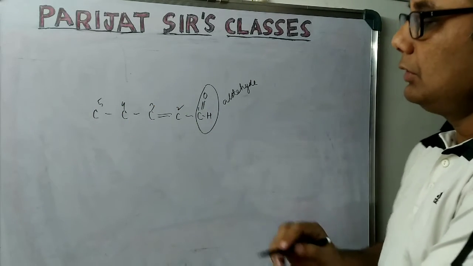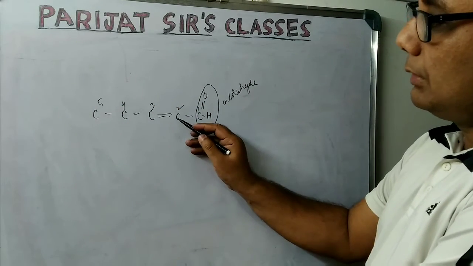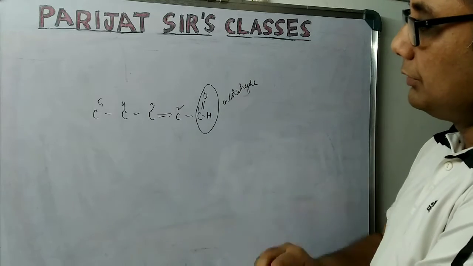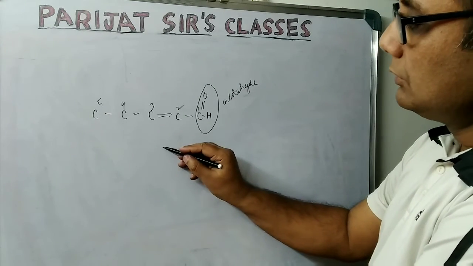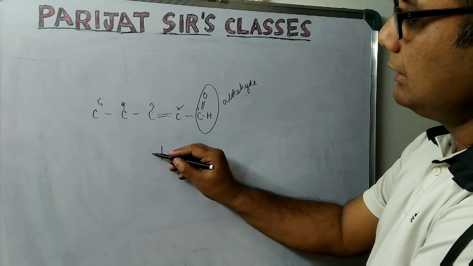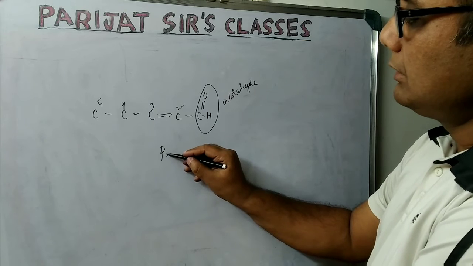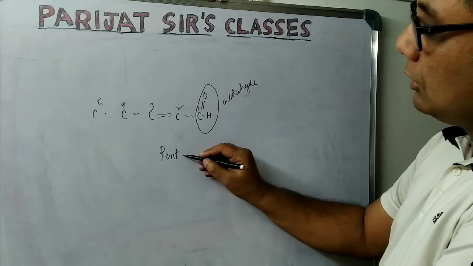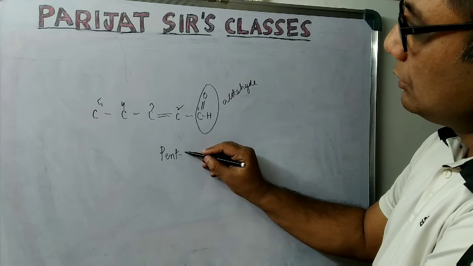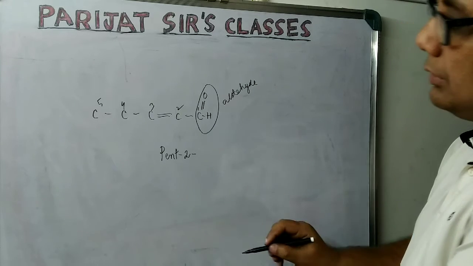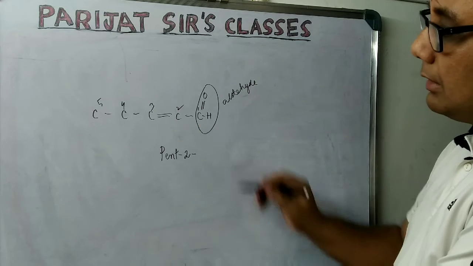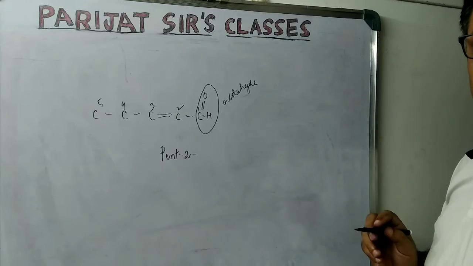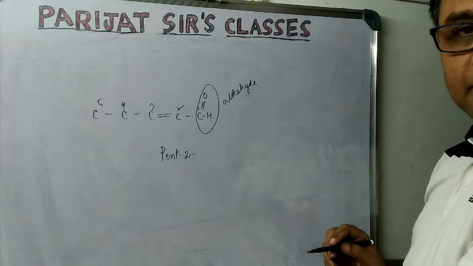So what will be the name given to this? See, the double bond is in the 2nd position, and there are 5 carbons, so we will give it pent-2-en. This is an aldehyde group attached, so al will come.